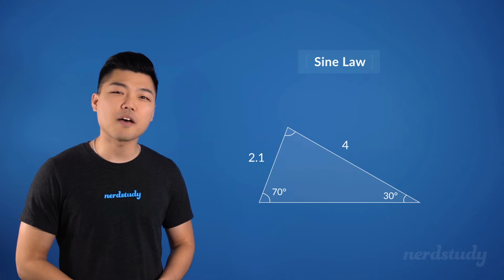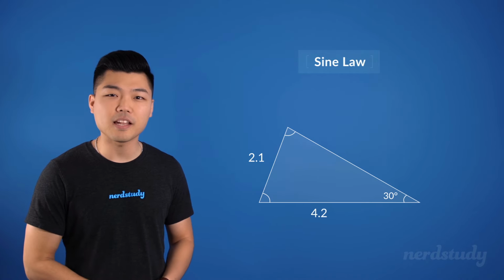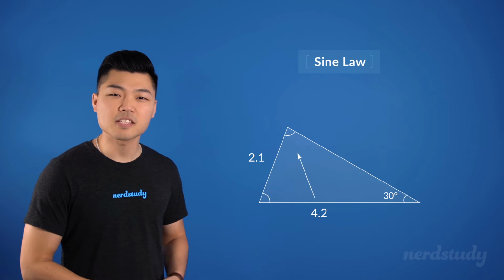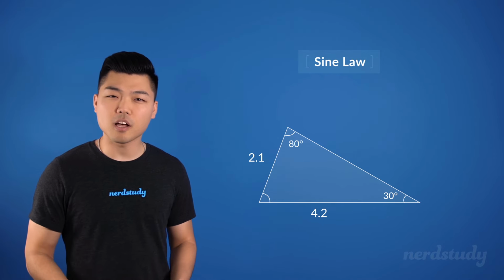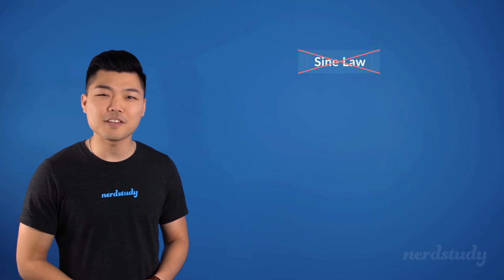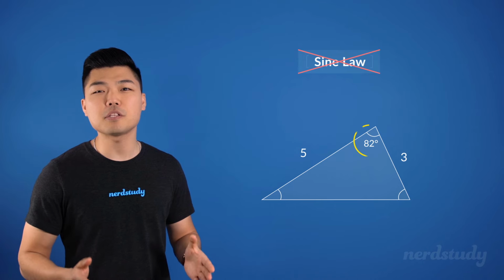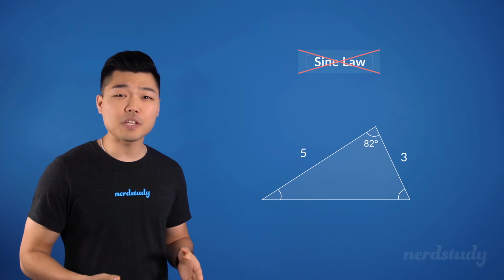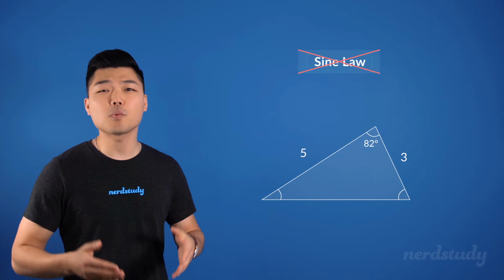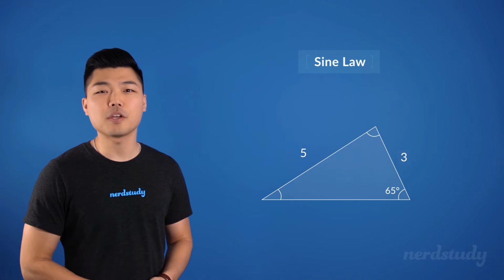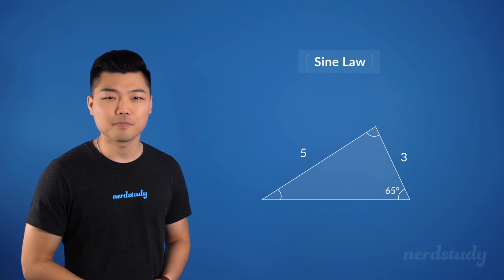Or we could have an angle with two side lengths, and we would be able to get the angle opposite to this side. The sine law, however, isn't applicable in a situation where we have two side lengths and an angle in between. This is because we need to be provided with at least one pair of opposites and another value in order to use the sine law.